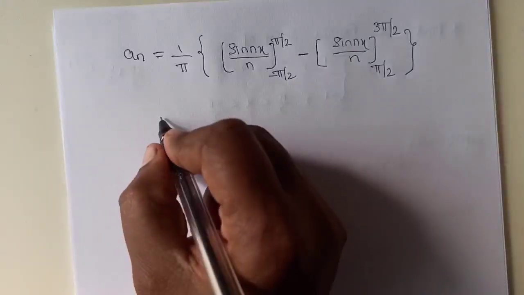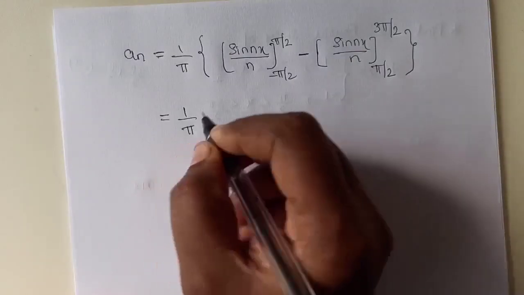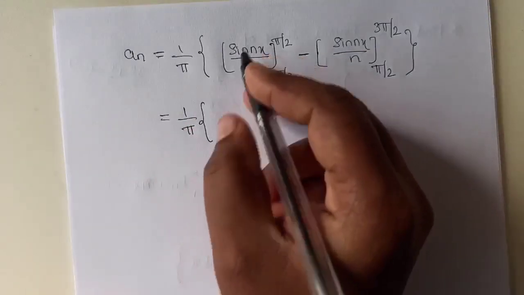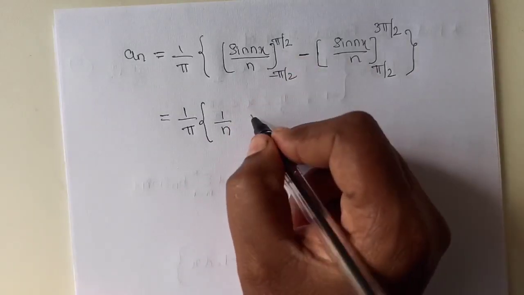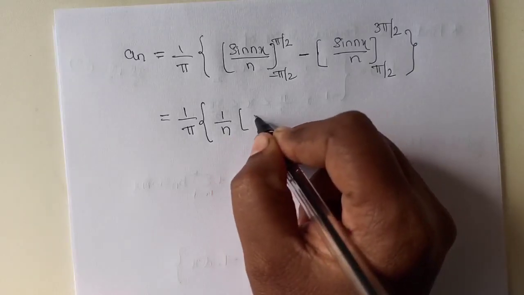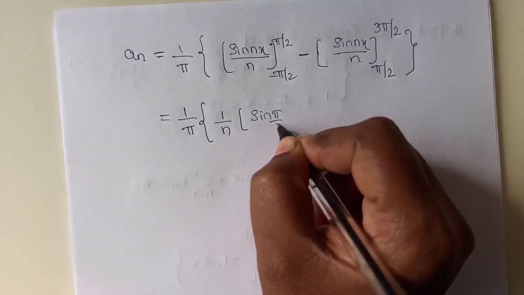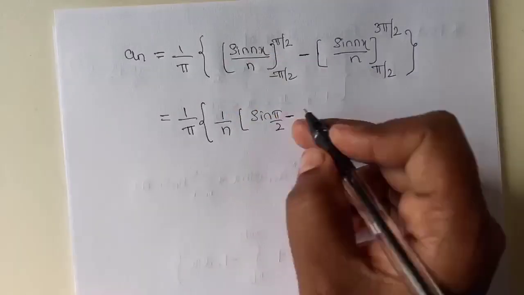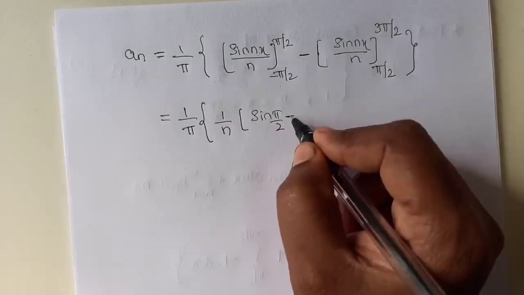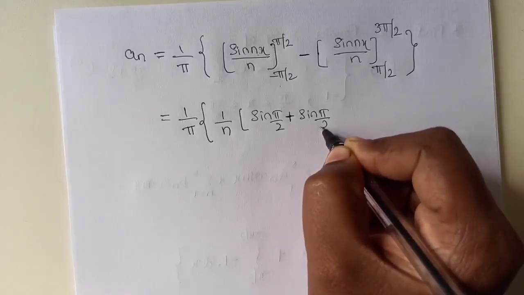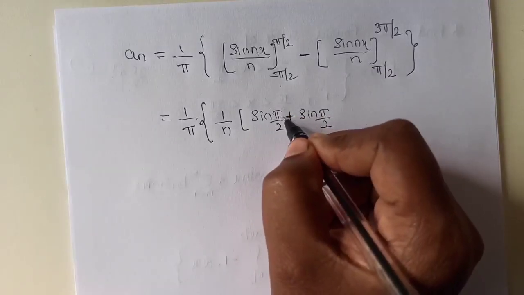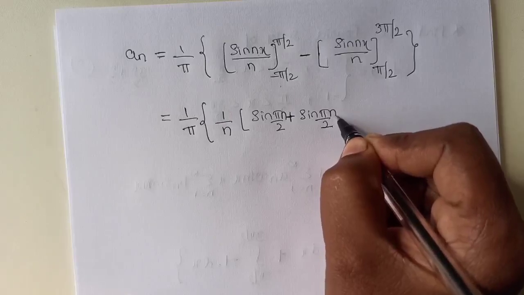Now evaluating limits we get 1 by pi. 1 by n can be taken outside. Sin nx, that is sin n pi by 2, minus lower limit, minus into minus we get plus sin n pi by 2.